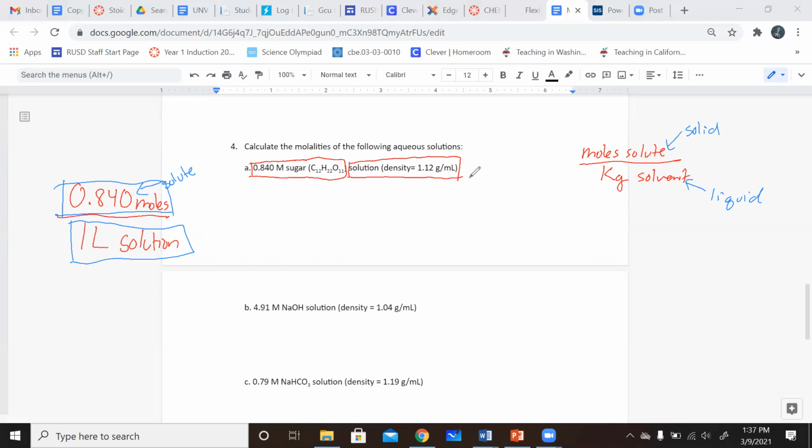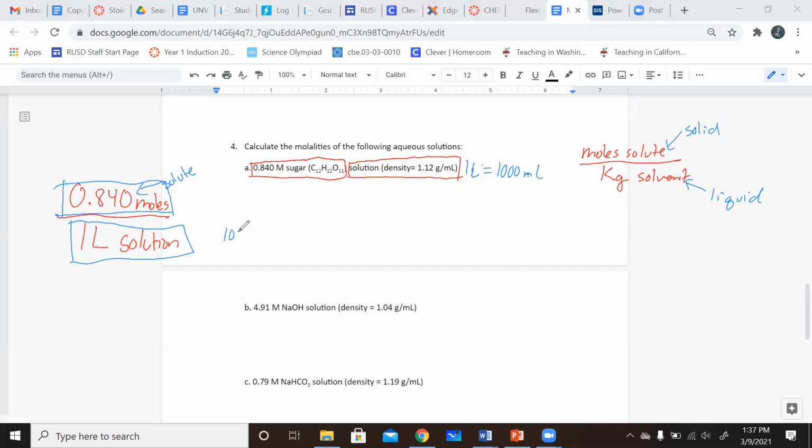We know a couple of things. We know that 1 liter is equivalent to 1,000 milliliters because of just basic metric conversions. And we know that the density of the entire solution is 1.12 grams for every 1 milliliter.